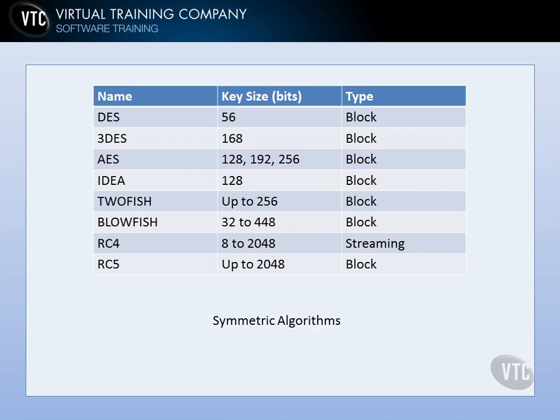AES is the data encryption standard of the United States right now, and it comes in key sizes of 128 bits, 192 bits, and 256 bits. Now you'll notice in the third column for type, all of these that I'm talking about are blocks except RC4. So it's worth mentioning once again that RC4, you see it on the exam, is the only streaming cipher you'll probably see. There's also other ones like IDEA, Twofish, Blowfish, and RC5.